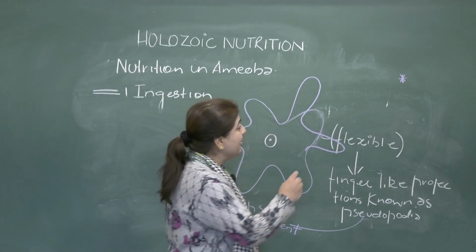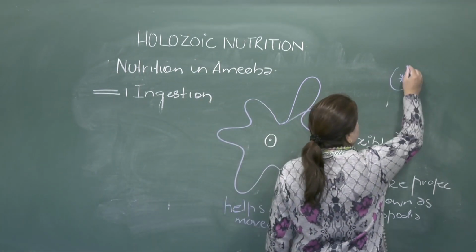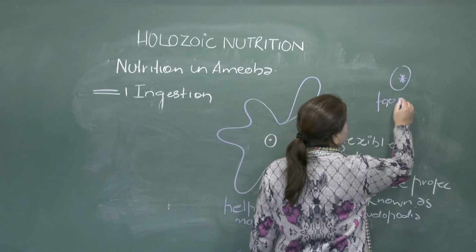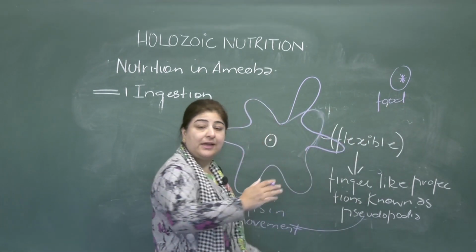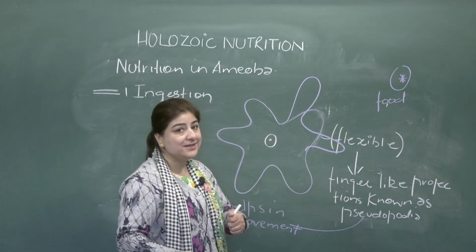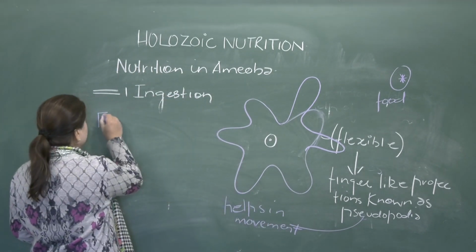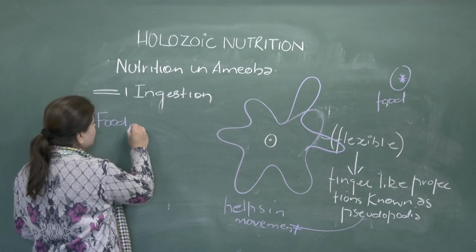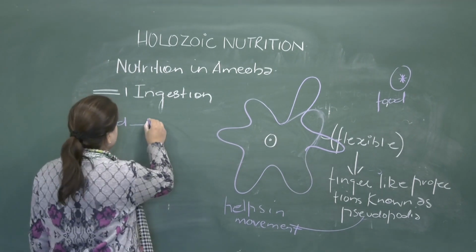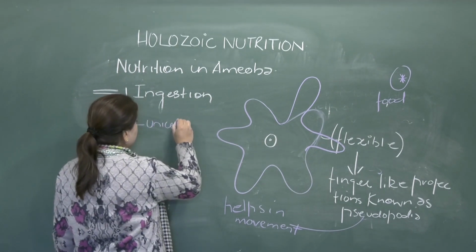Firstly, when we talk about this food, as amoeba itself is a unicellular organism, what does its food comprise of? We say this food is usually another unicellular organism.